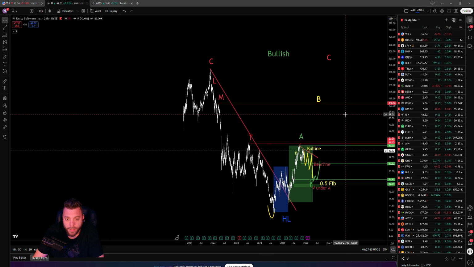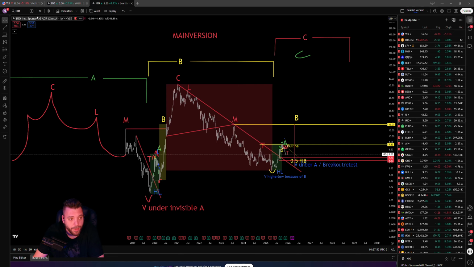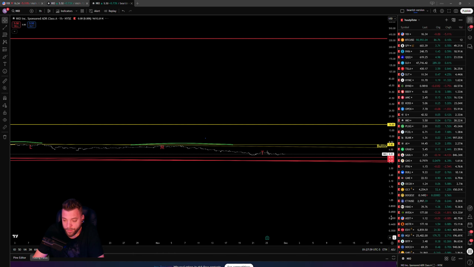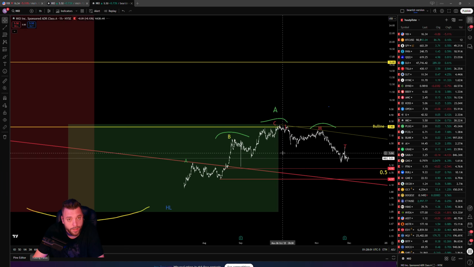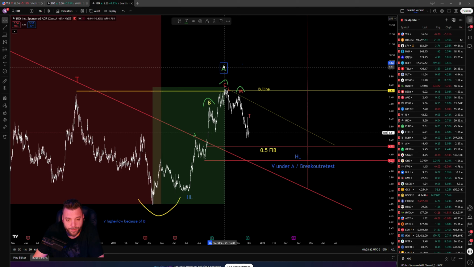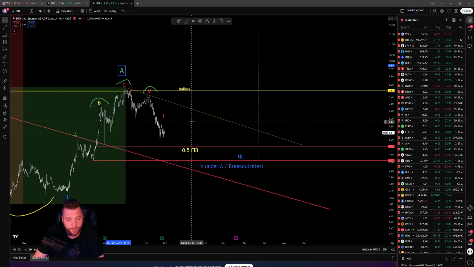We are finished with B and with A. We are looking for the C run. So, the thing is, for NEO, like Unity, we already did our T, and we're still in the A pullback. We did already our A, but we're still in our A pullback.